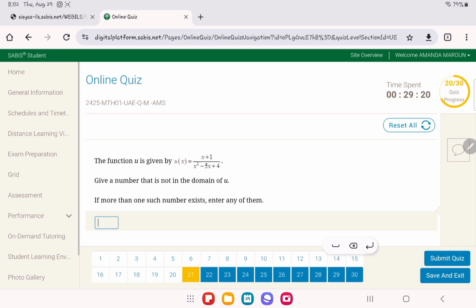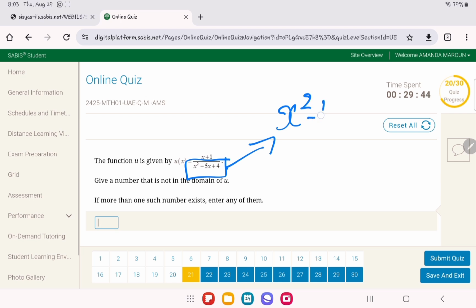Number 21. The function u is given by u(x) is equal to (x plus 1) over (x squared minus 5x plus 4). Give a number that is not in the domain of u. If more than one such number exists, enter any of them. If you remember, whenever we have a denominator, we make the denominator different than 0.